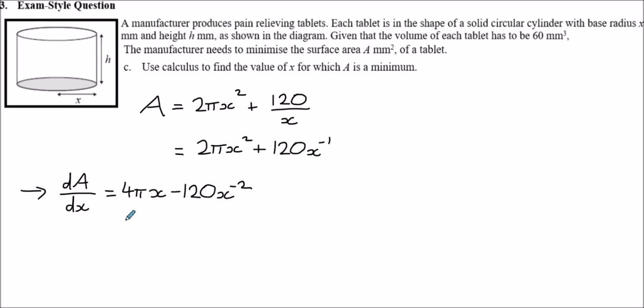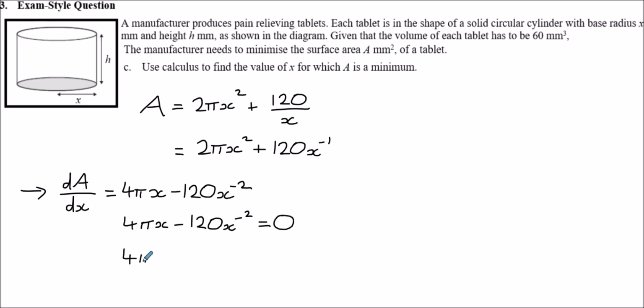And so we now set this expression equal to 0. So when is 4 pi x minus 120 x to the power minus 2 equal to 0? Now this form here isn't in a very easy way to solve for x, but because this other side is equal to 0, we can use this to our advantage and just multiply both terms by x squared.